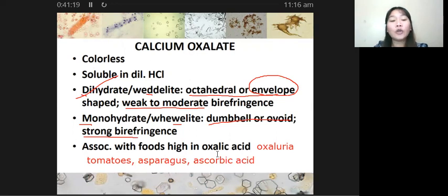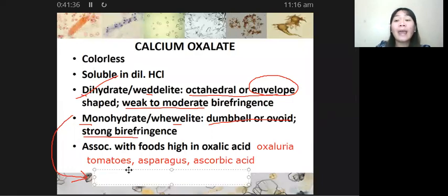Another thing that you have to consider is your monohydrate. The presence of monohydrate calcium oxalate has been associated with ethylene glycol poisoning. So what is ethylene glycol?